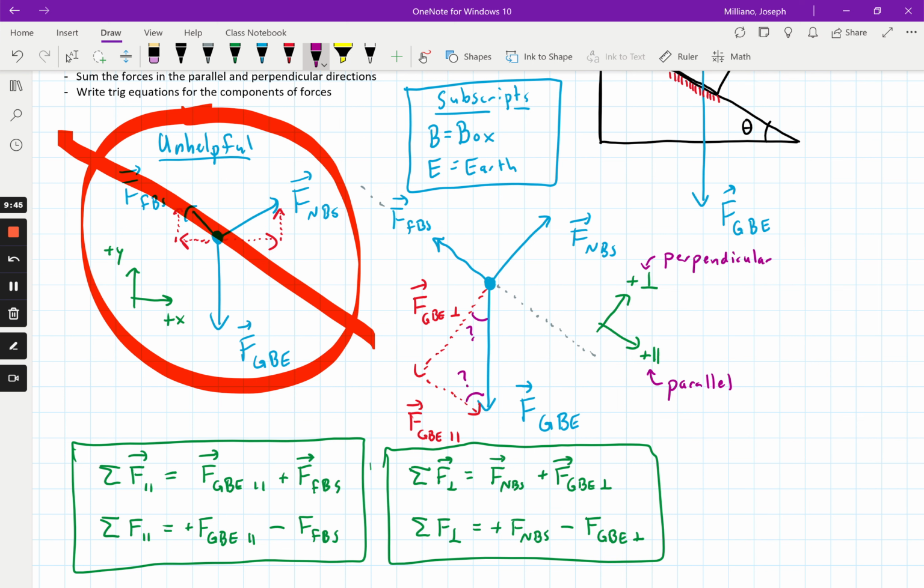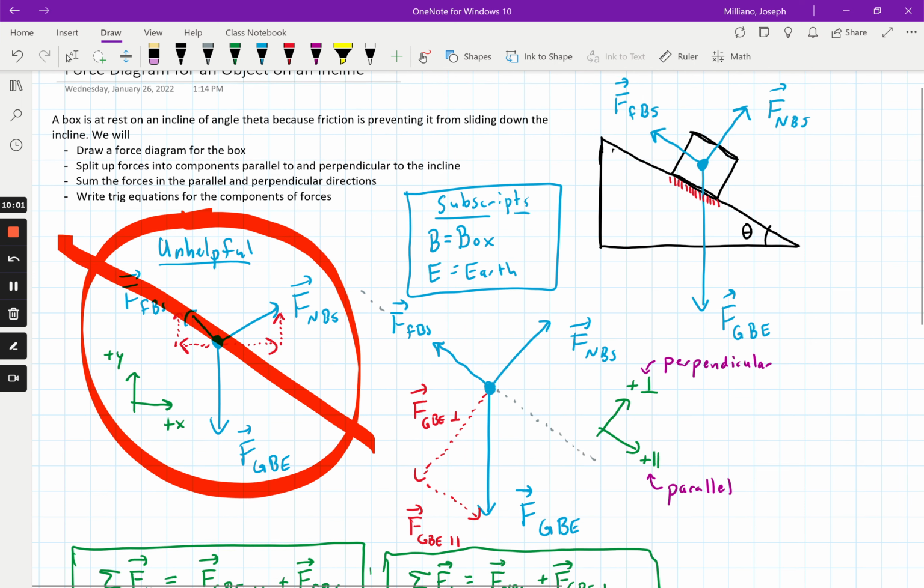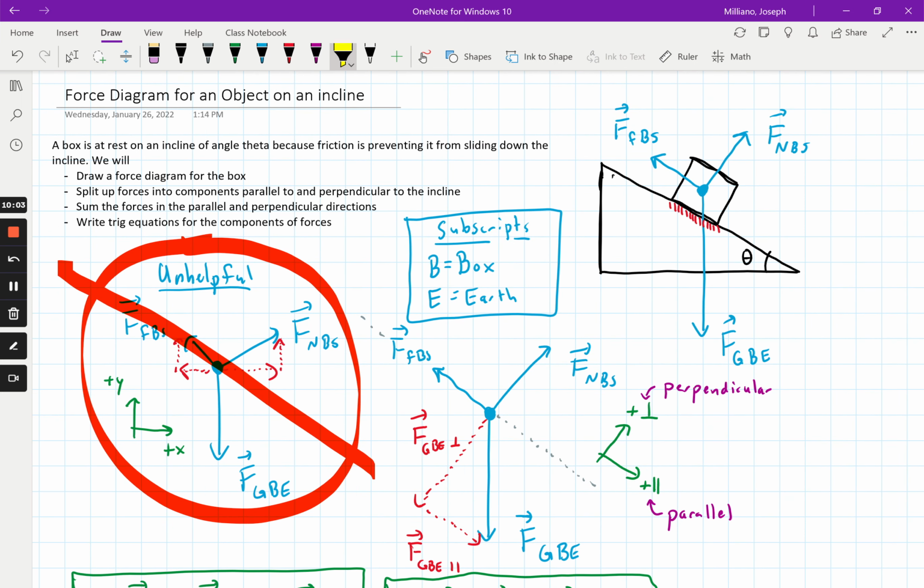Or should we consider this angle here that the gravitational force makes with its parallel component? In order to know which will be the helpful angle to consider, we want to go back to our original picture and see, are either of those two angles the angle theta we have that we make with the incline? The reason that's helpful is in the lab, usually this angle is very easy to measure.